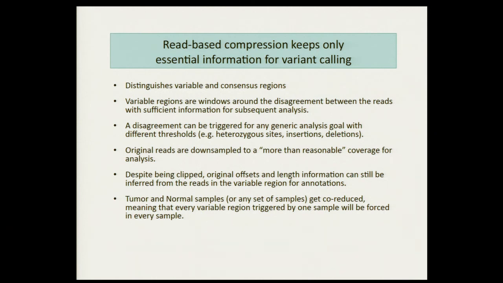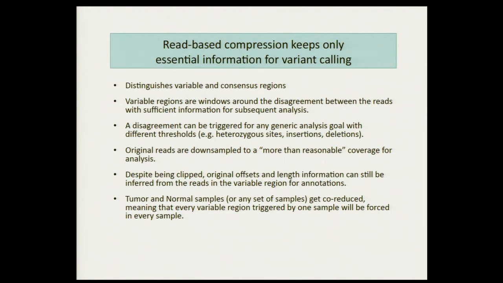So the key concept of reduced reads is: everywhere the reads agree, we will call it a consensus region, and we will compress as much as we can. We'll throw out all the data that we can throw out and replace that with meta information so that all the analysis tools can work with it. For all the other regions, we'll call them variable regions, and those we're going to try to be smart about.